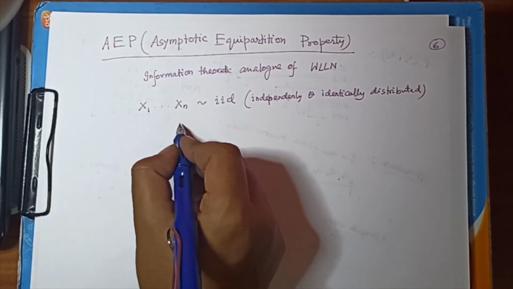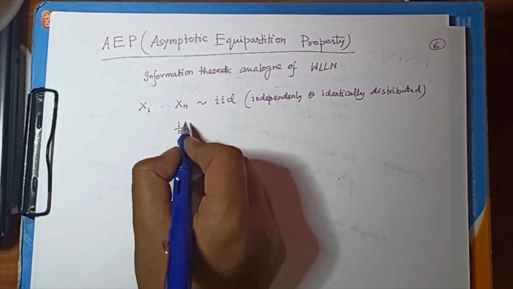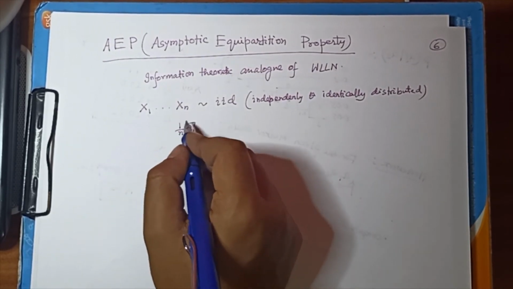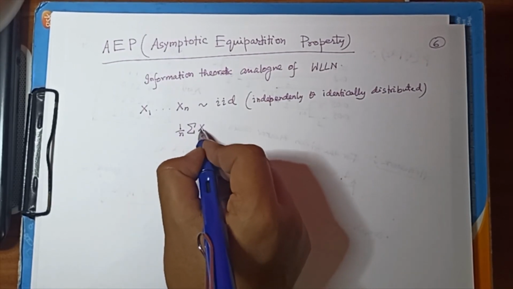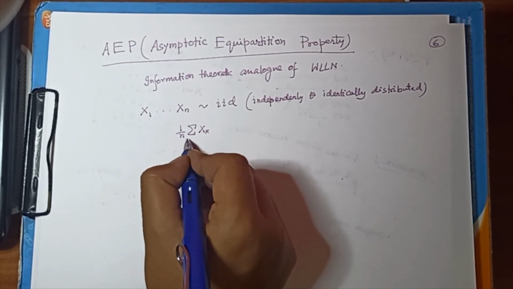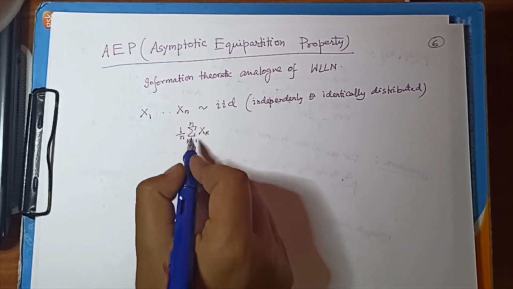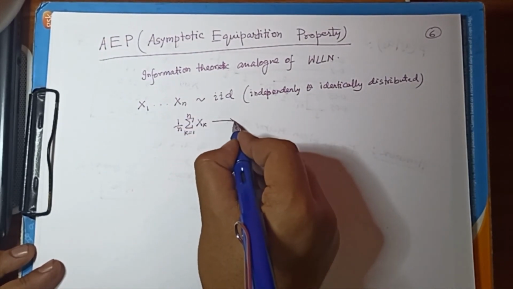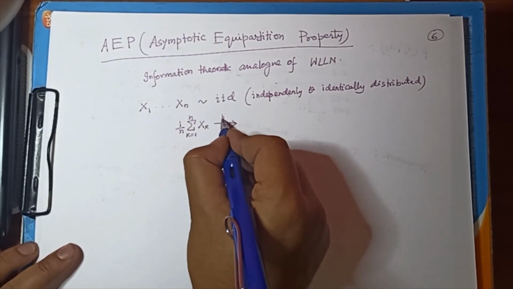Then we know that the sample mean, 1 by n summation of those random variables, k is equal to 1 to n, is also a random variable, but we say that in probability this converges towards a constant.